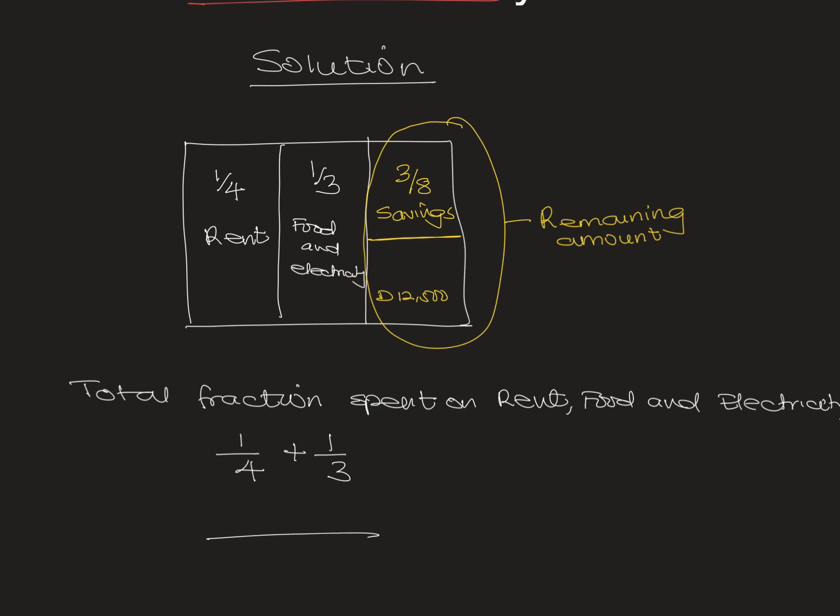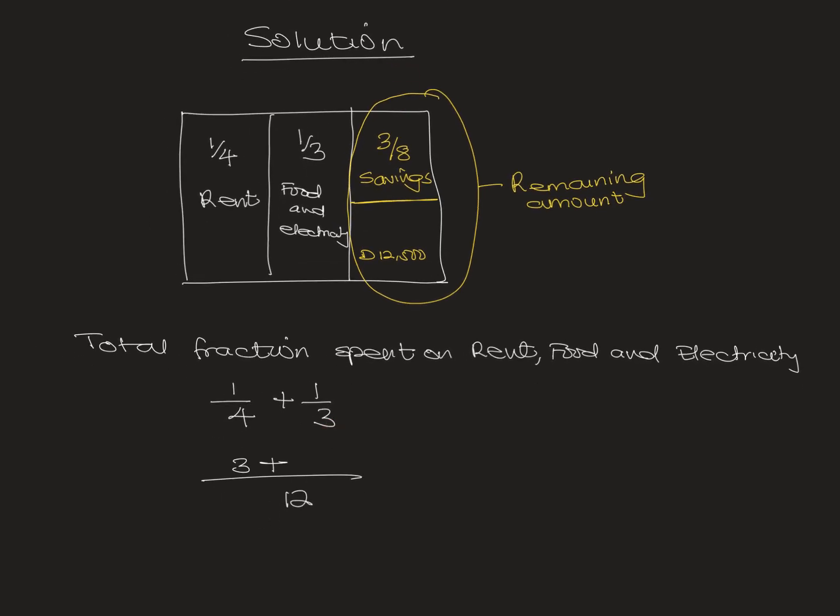So the LCM will be 12. 4 into 12 is 3 times, 3 times 1 is 3, plus 3 into 12 is 4 times, 4 times 1 is 4. So that will be 3 plus 4 is 7/12.